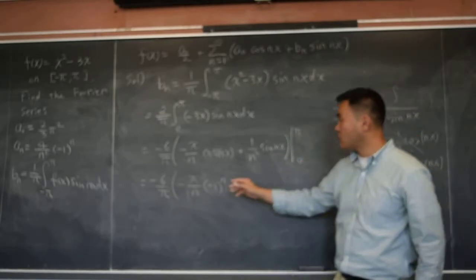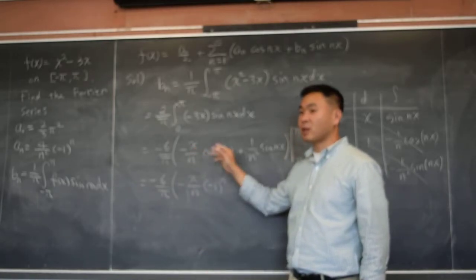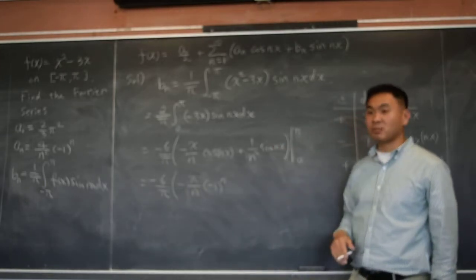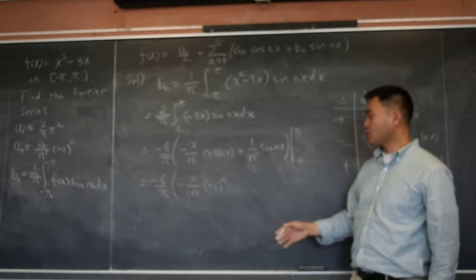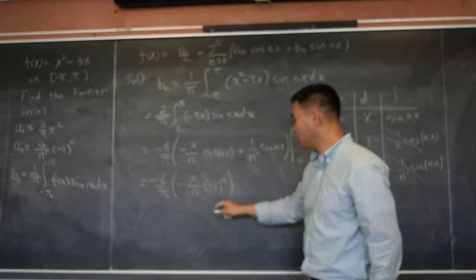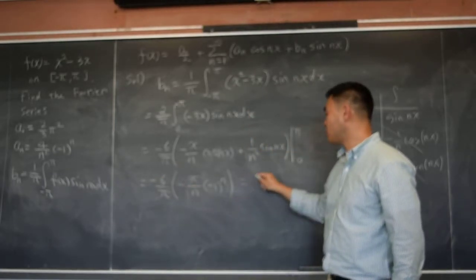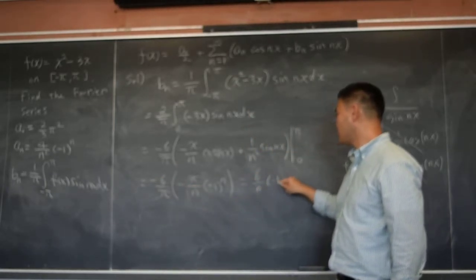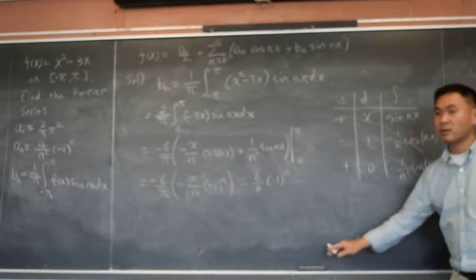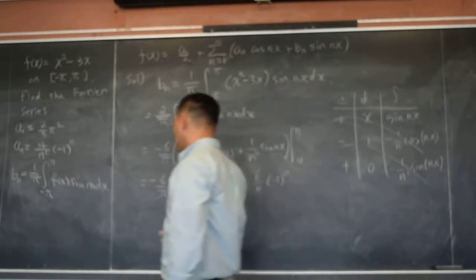When you plug in 0 here, what do you get? 0 times anything is 0. And then when you plug in 0 into sine, you get 0. So you don't get anything else. This is the only thing that you end up with. Pi cancels, and negative becomes positive, so you get 6 over n, negative 1 to the nth power. And therefore, we're ready to write down the final answer.